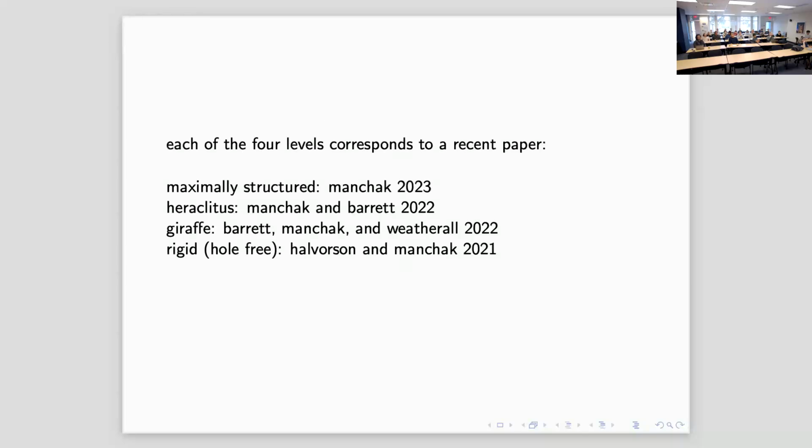Each one of these four levels of the hierarchy corresponds to a recent paper that I've been working on. I started work with Hans on a paper about the hole argument, and that got me pulled in. And then I started talking with Jim and Thomas about giraffe spacetimes, and we published a paper on that.